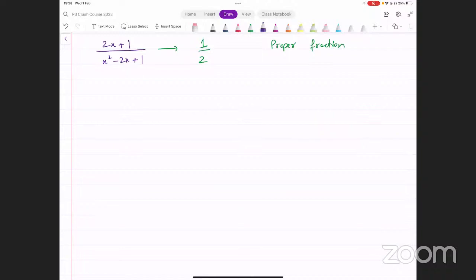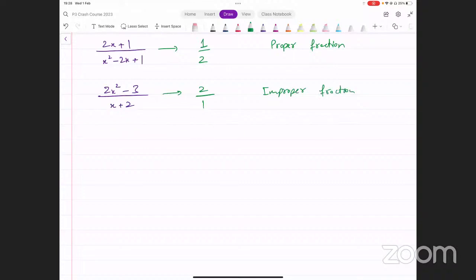So for polynomials, we look at the degree to figure out whether it's a proper fraction or an improper fraction. Similarly, if you had something like (2x squared minus 3) divided by (x plus 2), what about this? The degree of the numerator is 2 and the degree of the denominator is 1. This is an improper fraction because the numerator's degree is bigger than the denominator's.